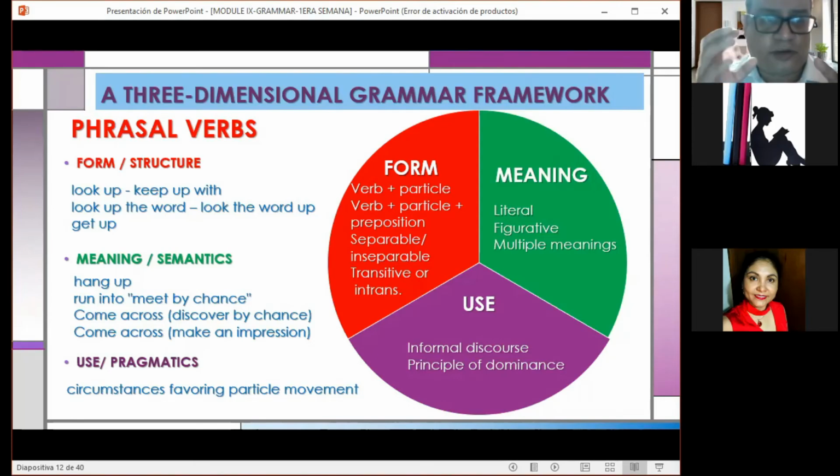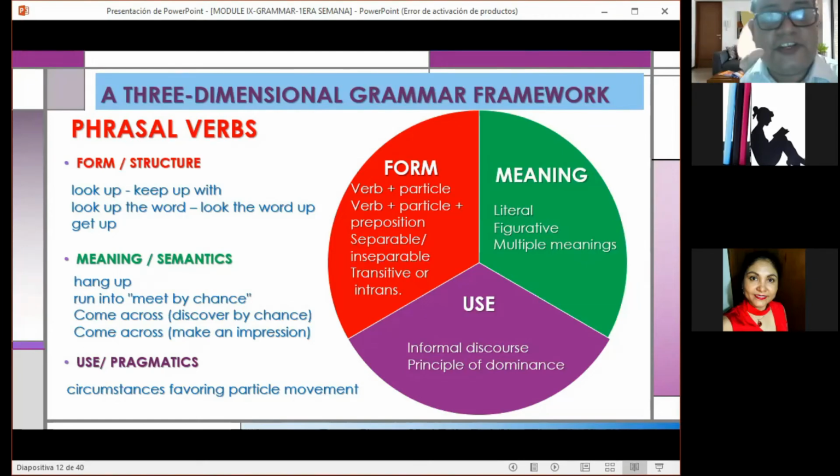We cannot use the object pronoun when it's together. Don't forget it. And we call this the principle of dominance. And remember that these phrasal verbs are used in informal discourse. It's preferable to use this in informal discourse. But as we have seen before, language is changing, and now these phrasal verbs are also used in formal discourse. A lot of people use this in formal discourse, but it is generally supposed that we're going to use these phrasal verbs in informal discourse. All right?